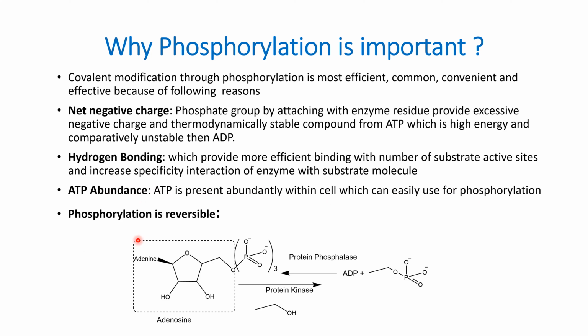And the phosphorylation is reversible, so this is not an irreversible reaction where once it happens with the ATP, we can't go back. This is a reversible reaction. There's ADP formation, then eventually as per requirement, this converts back into ATP.